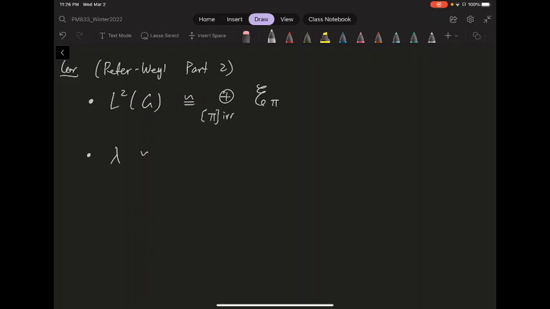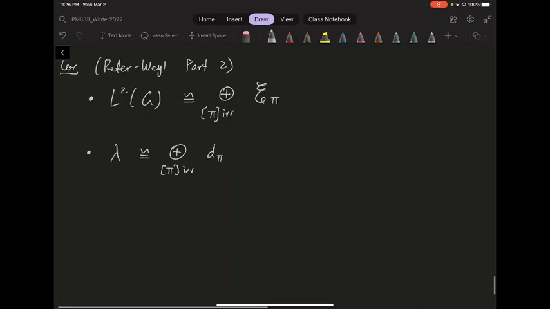So you can really see this is just going to be equivalent to the summation, again for each irreducible unitary equivalence class, of d pi copies of this pi. So this is essentially just d pi copies of them, take the direct sum, okay? So you have d pi of them.